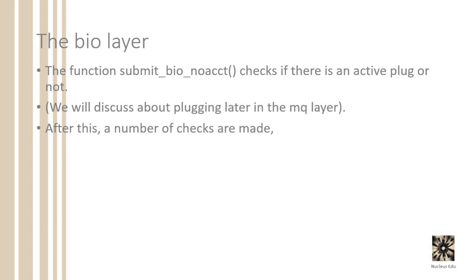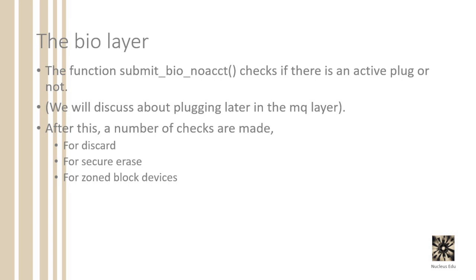After this, it checks a number of things. So unwanted and unallowed bios are not sent further. The checks here include ones for flush, whether the underlying driver supports flush or not. Similarly, discard, secure erase, and a number of checks for zoned block devices.